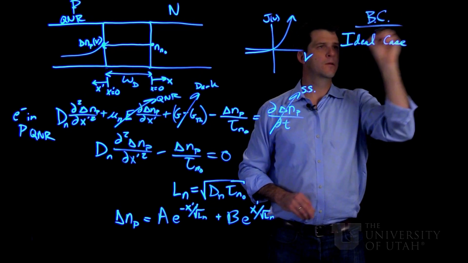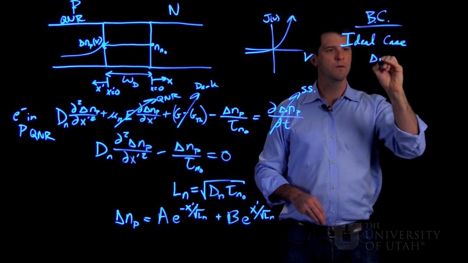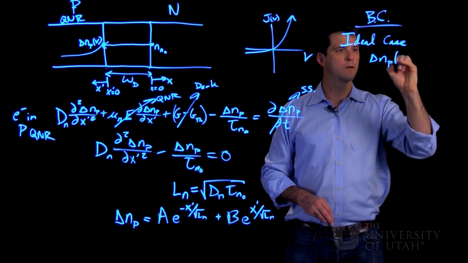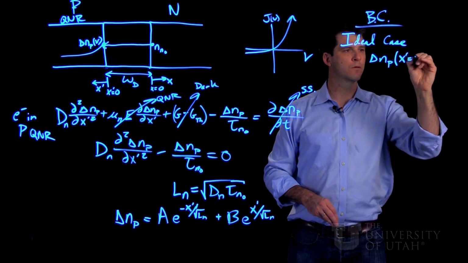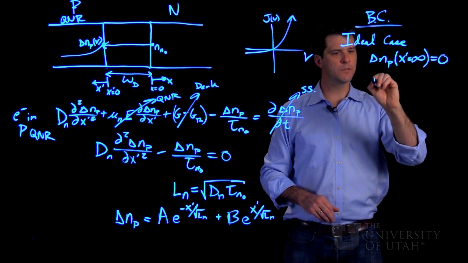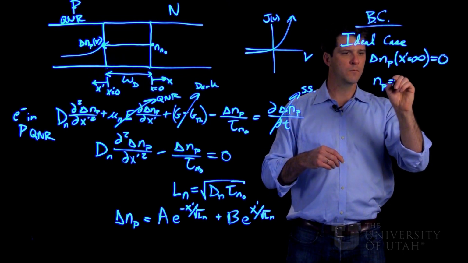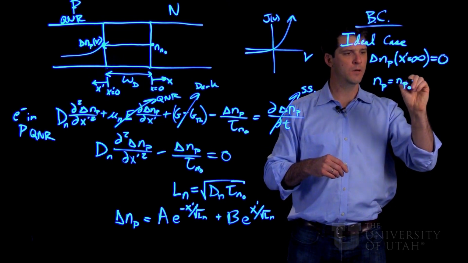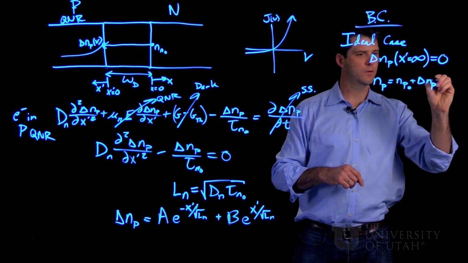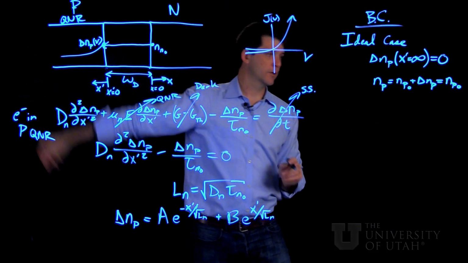Boundary conditions here, ideal case: our delta n p at x prime equals infinity has to go to 0. So this means our n p, which is of course n p naught plus delta n p, has to go to n p naught, far away from the junction.